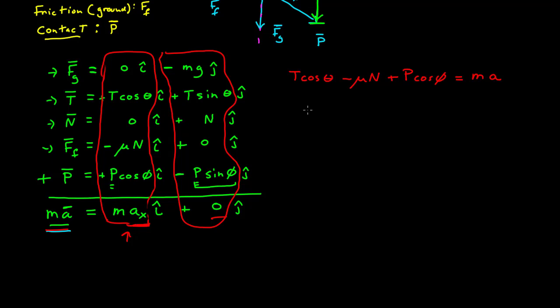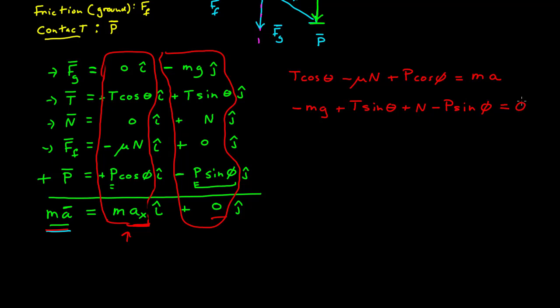So the y component gives me another relationship. It says that negative mg plus T sine theta plus N minus P sine phi is equal to 0.